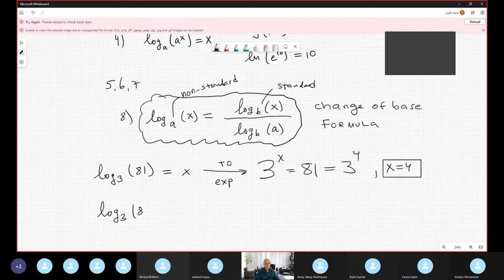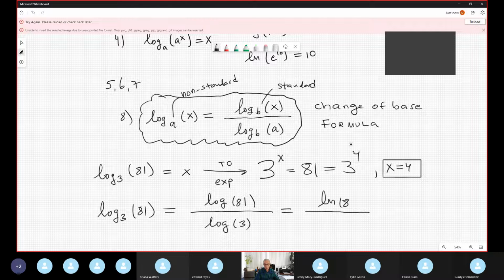Log base 3 of 81 is equal to, you put a fraction and you make a decision, for example, to use a standard, and the standard is log 81 divided by log of 3, where 3 is A, no? That is the whole base. And in this case, I'm using logarithm base 10, but why not? We can use natural. Okay, these are the two standard logarithms.